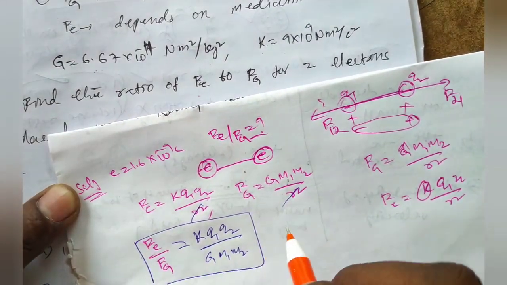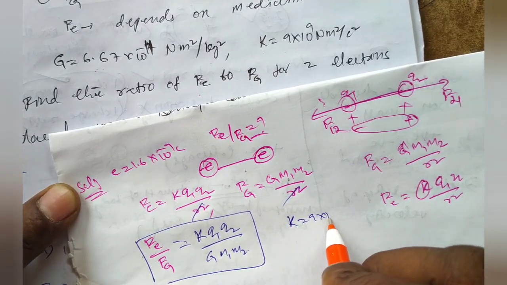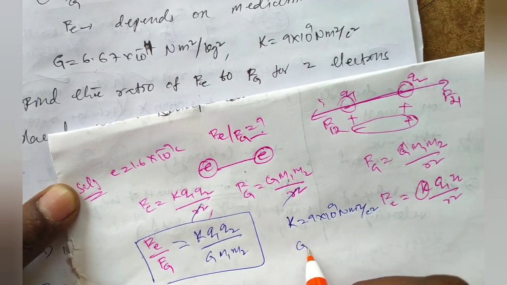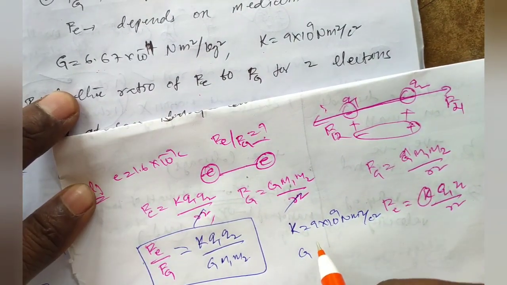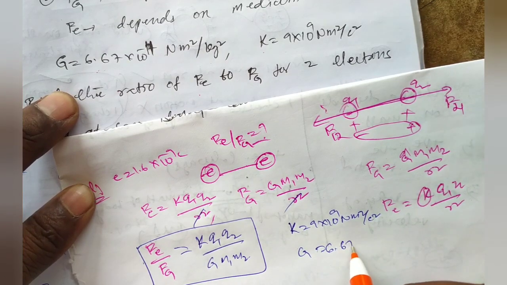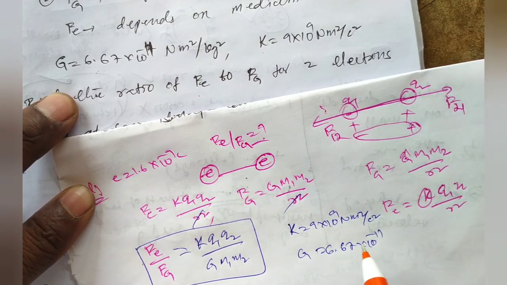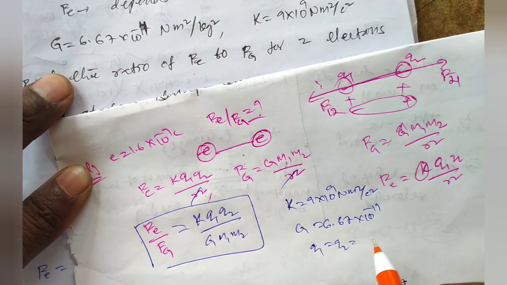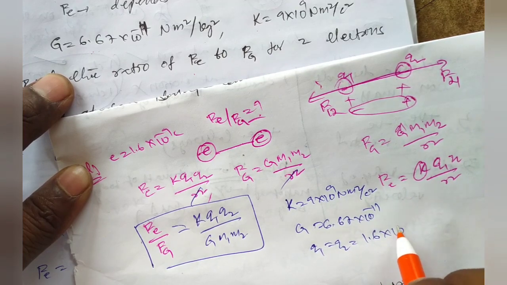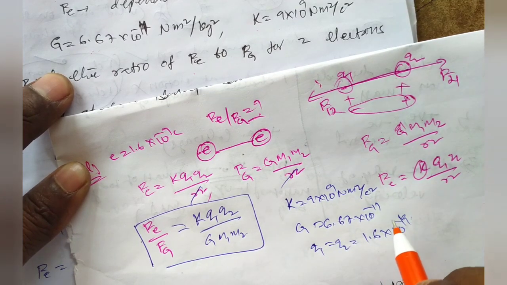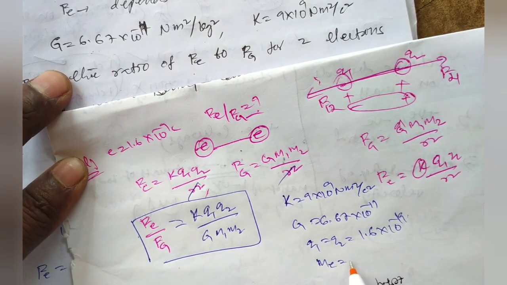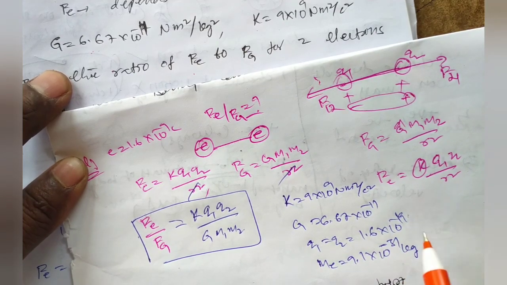This is the formula. K is 9 into 10 to the power of 9 Newton meter square by coulomb square, G is 6.67 into 10 to the power of minus 11, the charge of the electron q1 or q2 is 1.6 into 10 to the power of minus 19 coulombs, and the mass of the electron me is 9.1 into 10 to the power of minus 31 kg.